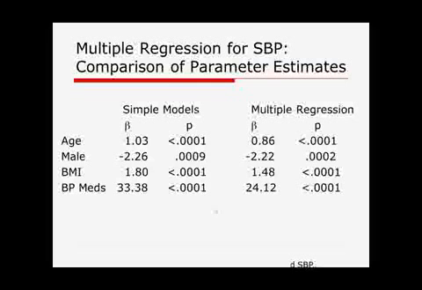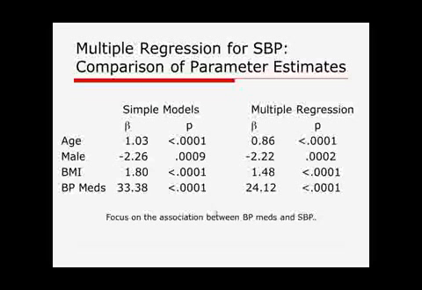It's actually gone down. In the simple linear regression model, we're saying that there's a real huge effect, about a 33-unit difference in systolic blood pressure for people on versus not on medications. Well, now when we're adjusting for age, sex, and BMI, that effect is reduced. That's because there is some confounding due to age, sex, and BMI.